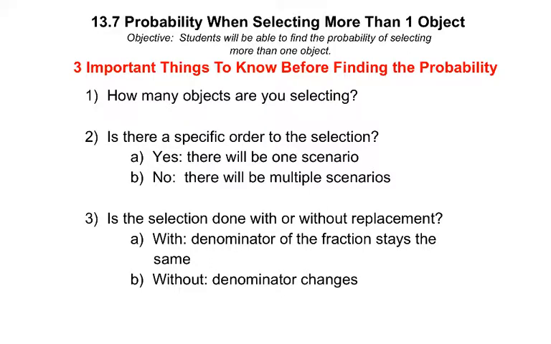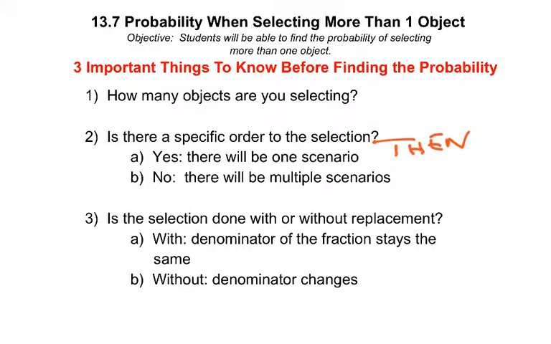In that situation, there's a key word. The key word is "then." So when you're looking at these probability questions, if the probability has a "then" in it, that would be an indication that you are dealing with selecting more than one object, and the order is very specific in that situation.